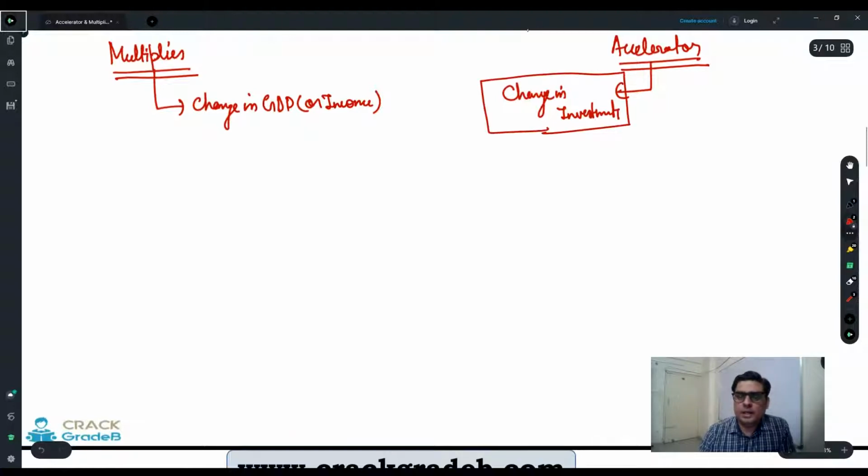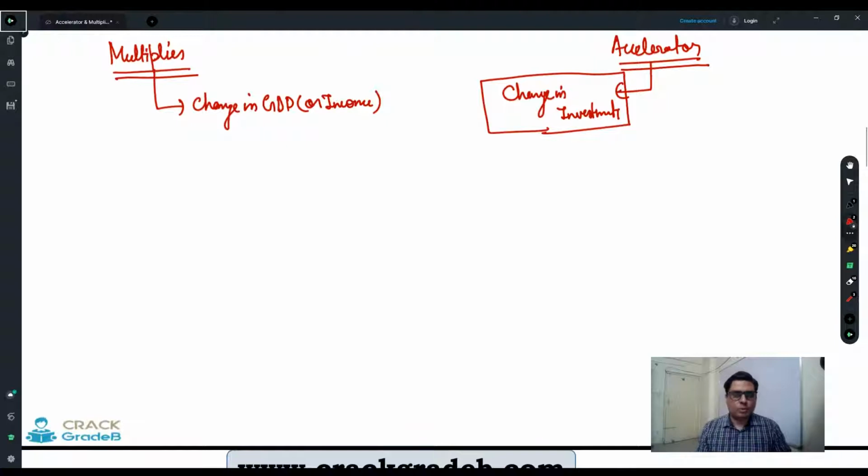So we are here to see the change in investment, and we are here to see the change in income. You should keep this in your mind. This is the fundamental difference between the multiplier function and the accelerator function.